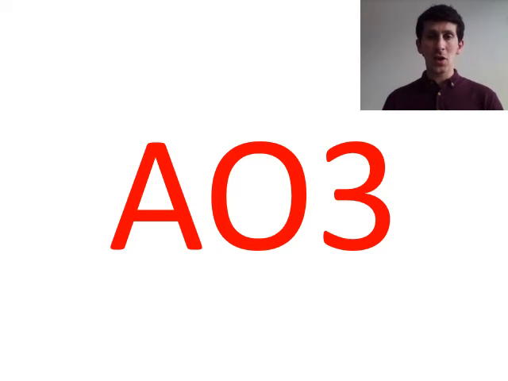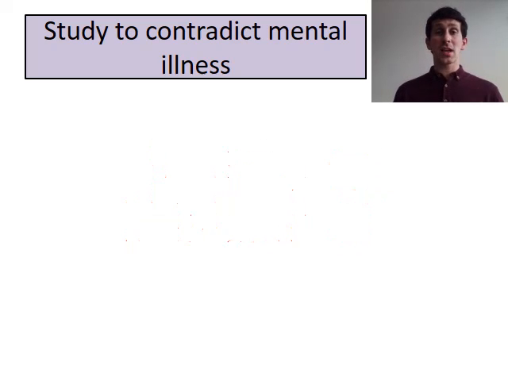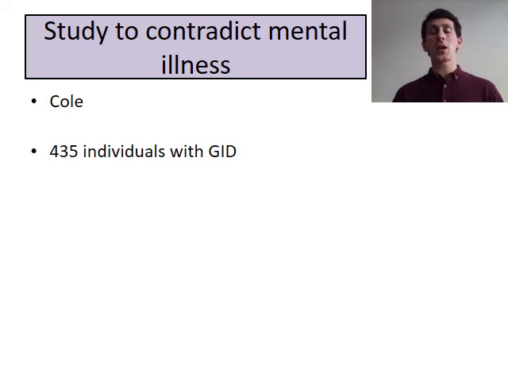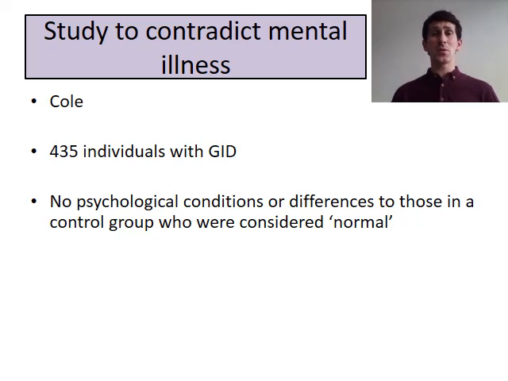So we're now going to have a look at the AO3 for the social psychological explanation. And there is a study to contradict the idea that it's a mental illness. Cole looked at 435 individuals, far more than the Coe study we looked at earlier. And he found there was no psychological conditions or differences between the control group of normal people and the GID group.